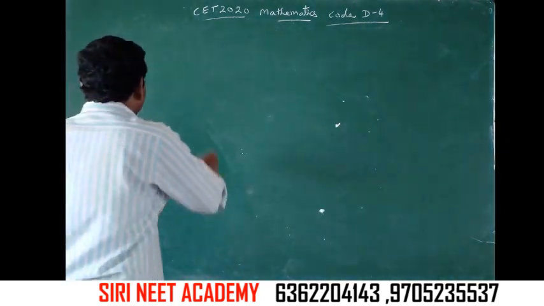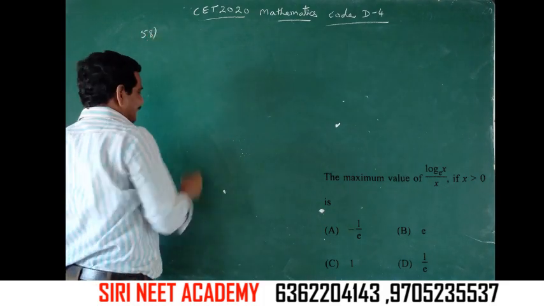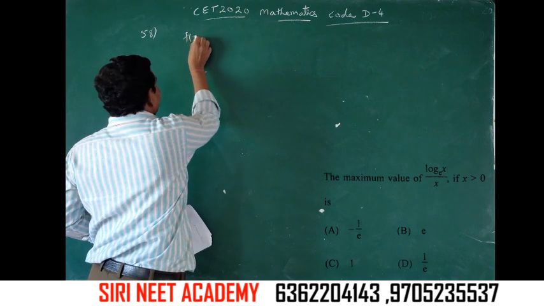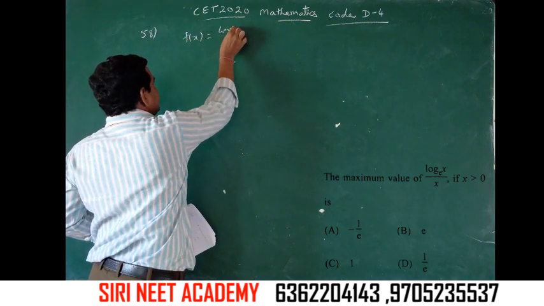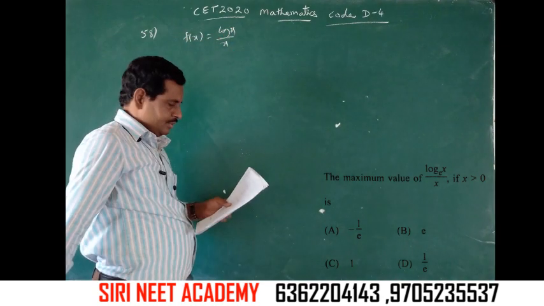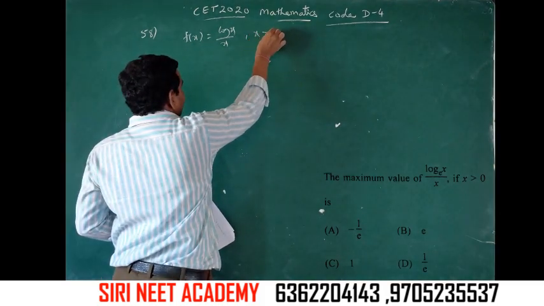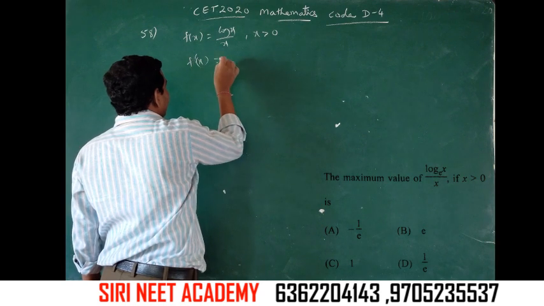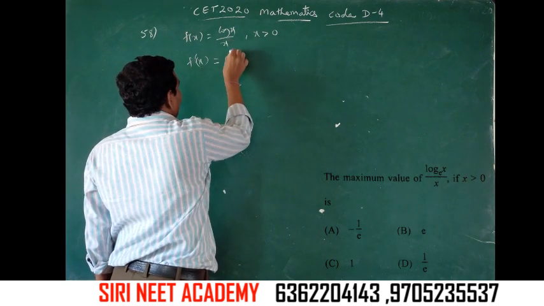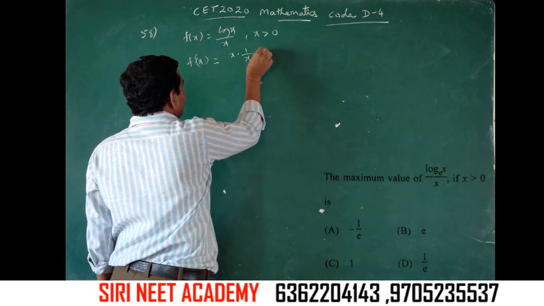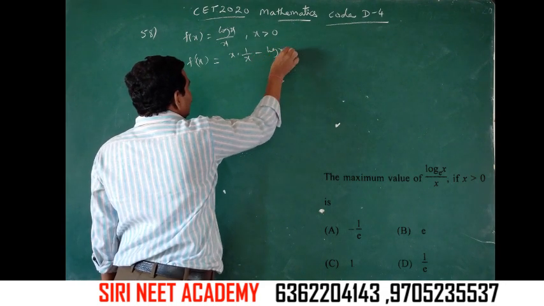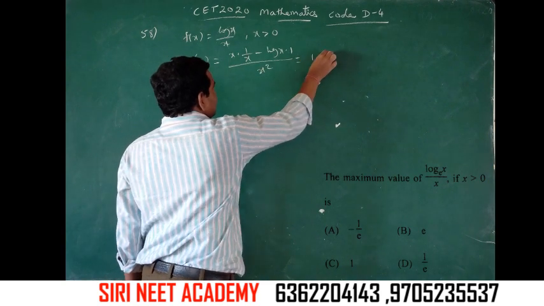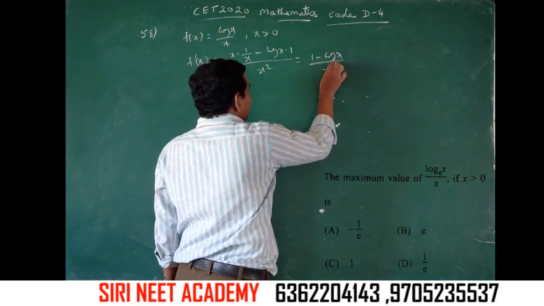So 58. The maximum value of log x divided by x when x is positive. To find the maximum or minimum, equate the first derivative to 0. Derivative of u by v is (v du minus u dv) by v square. It means 1 minus log x by x square.